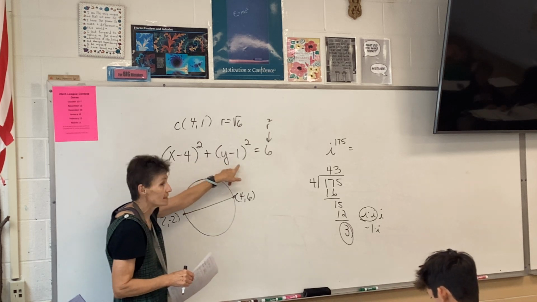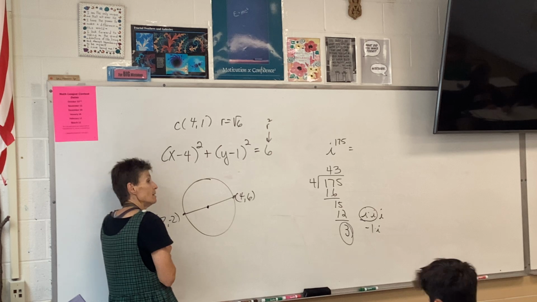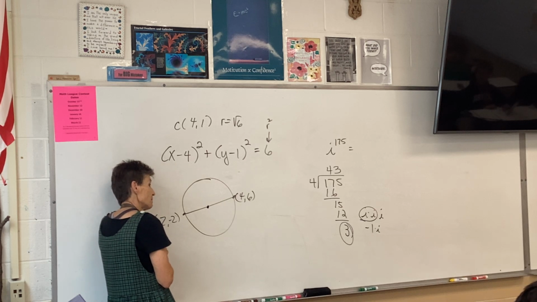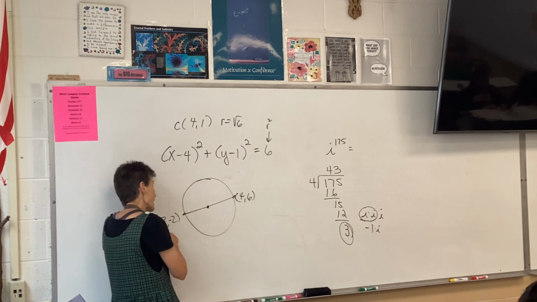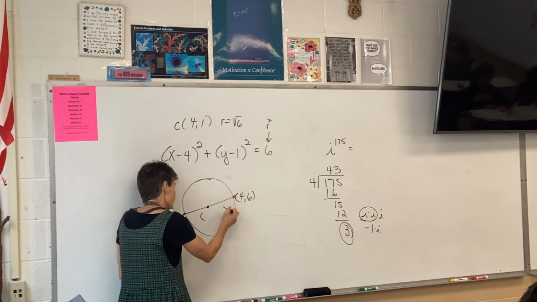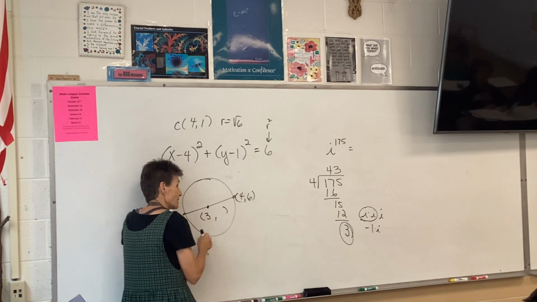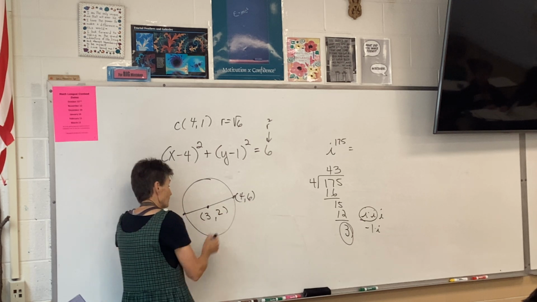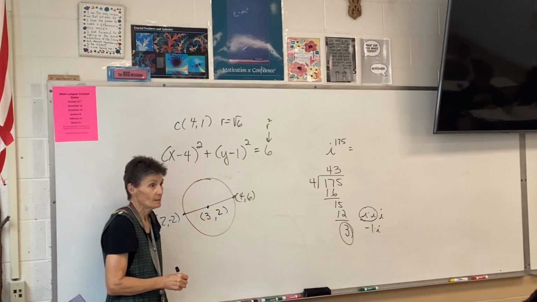To write this, I need to know the center, which is going to be the midpoint, the average x. So what's the average of 2 and 4? 3. And what's the average of -2 and 6? 2. How do we find an average? We add them and divide by 2.